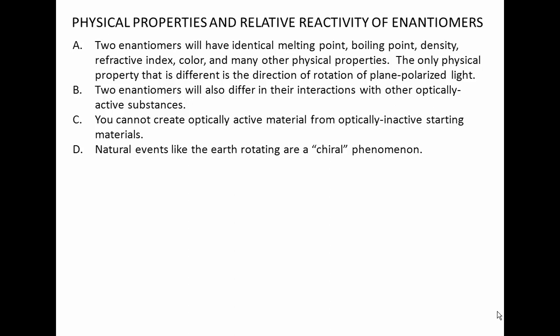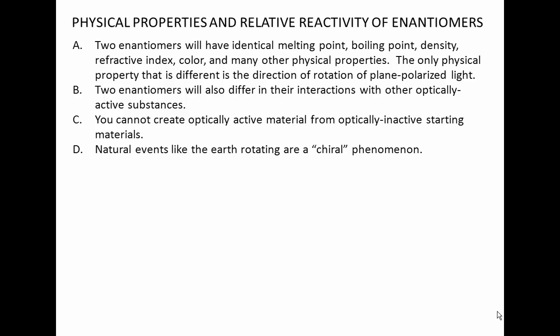Okay, another place where enantiomers will also differ is in their interactions with other optically active substances, and we'll see some examples of that. I should have put another one here, but they're also going to be the same in their interaction with optically inactive substances.